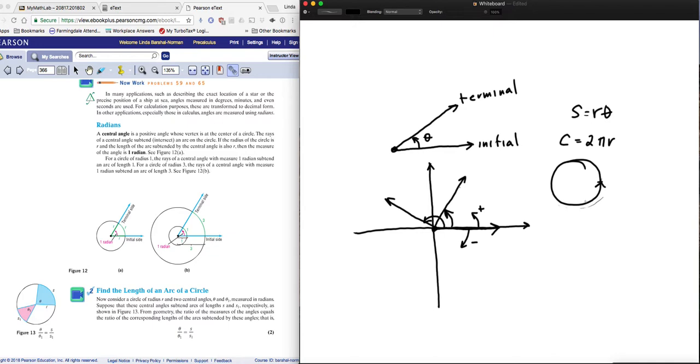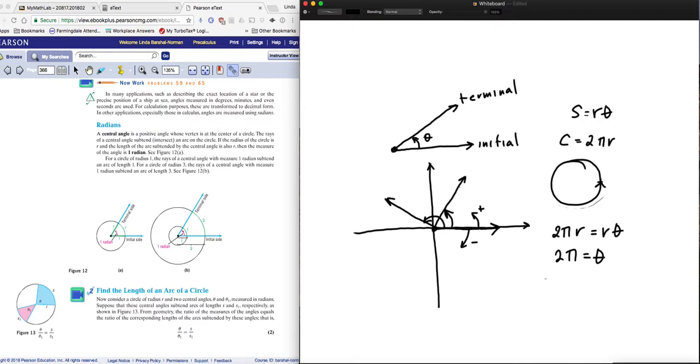That means S is 2 pi r, and that is equal to r theta. So 2 pi is the angle involved in an entire circle. So once around the circle is 2 pi.